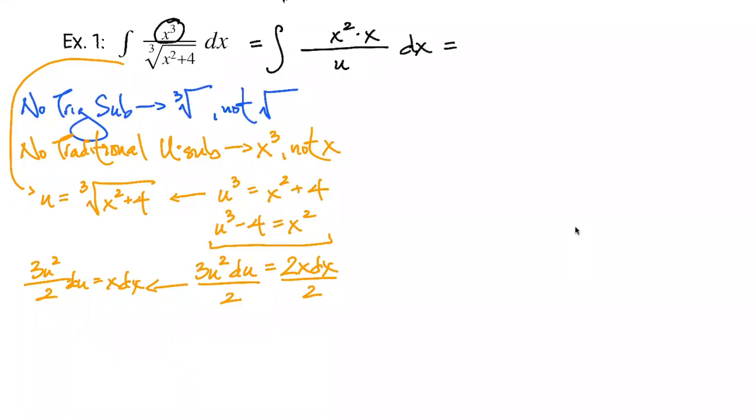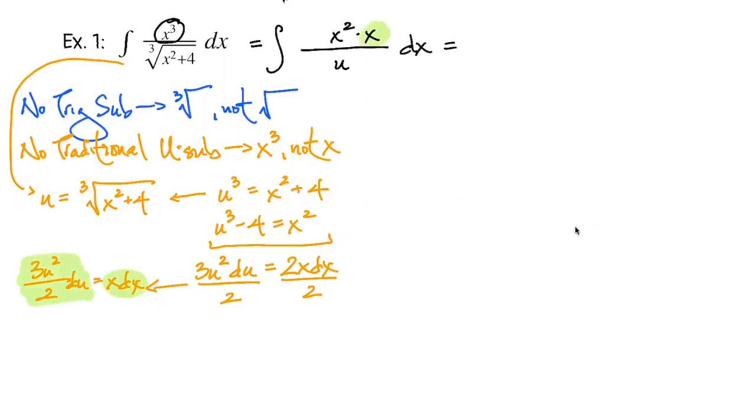This is just an intermediate step, but from here, everywhere I see the x dx, I can replace that with 3u squared over 2 du.